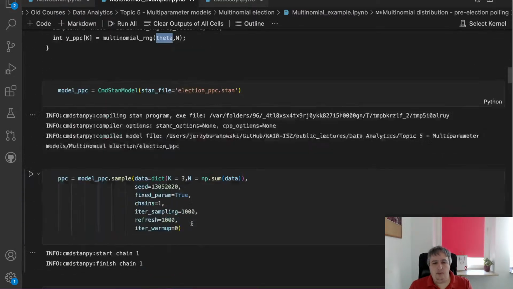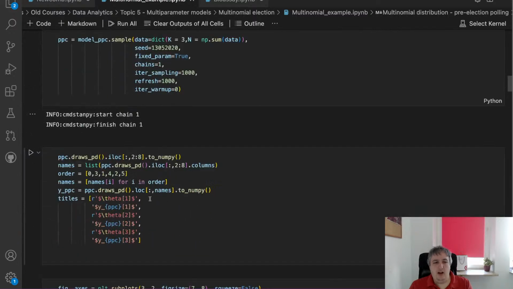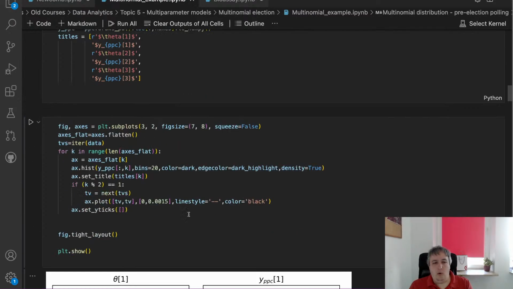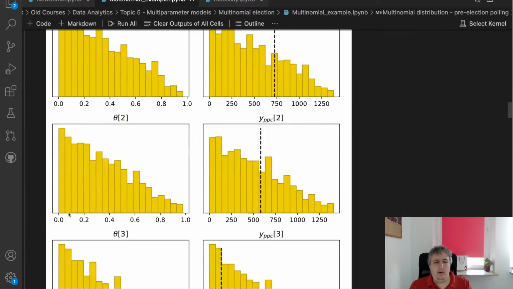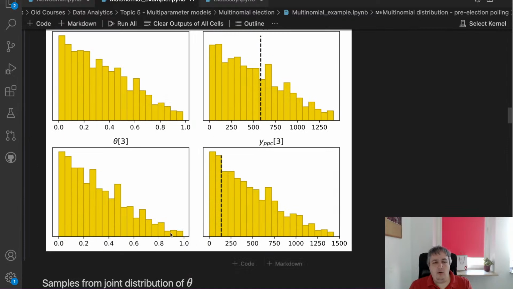So we can of course perform this model's prior predictive check to see whether it covers what we really want. Estimating the parameters, of course, we get general uniformness of those samples.